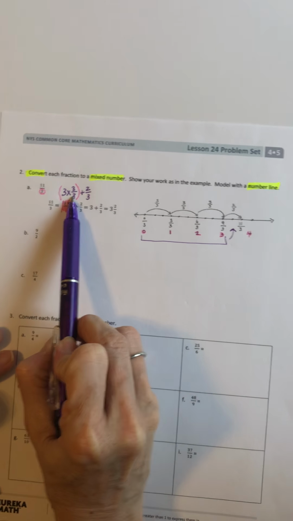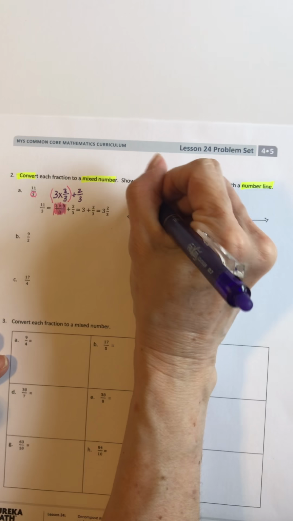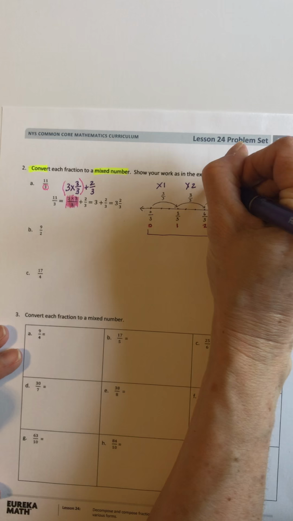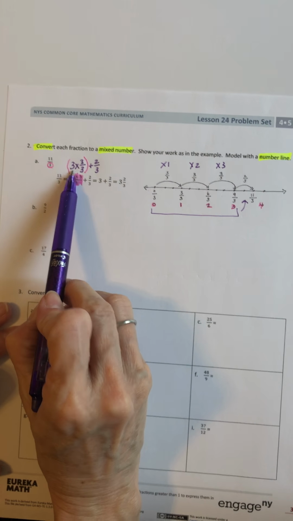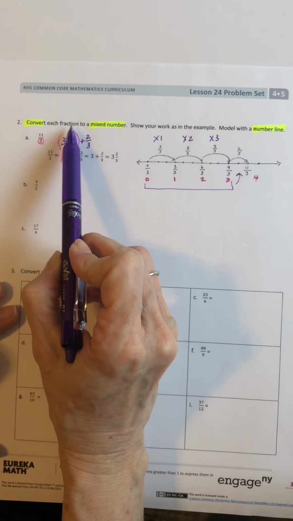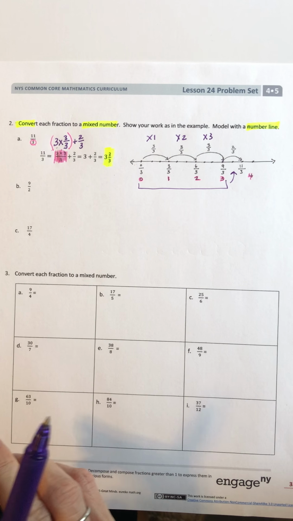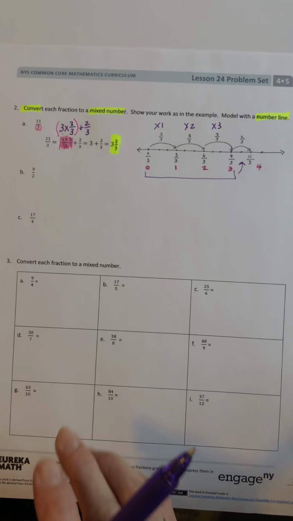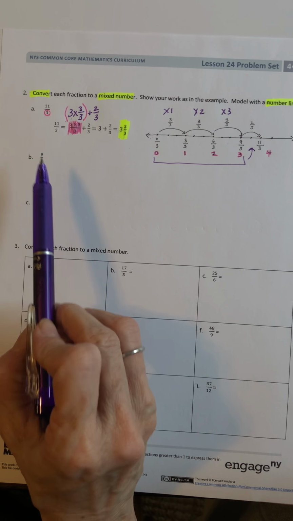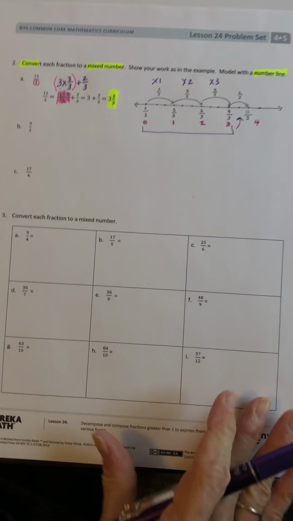Again, 3 times 1, this is times 1, this is times 2, this is times 3. That's where 3 times 3 is coming from. We want to do that first and then add our extra 2/3 for the mixed number total of 3 and 2/3. Go ahead and push pause so you can do B and C.